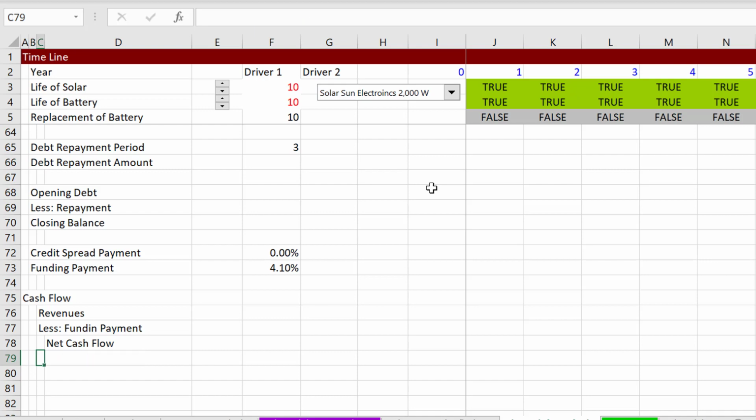I just can't. Okay. And then let's put in the equity cash flow, including the credit spread. And then we can put our equity IRR with the credit spread.